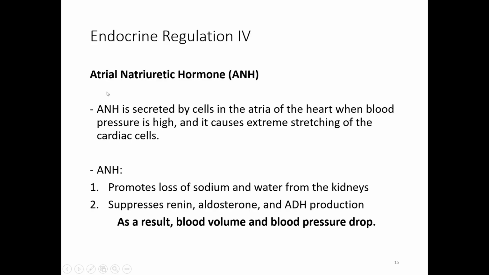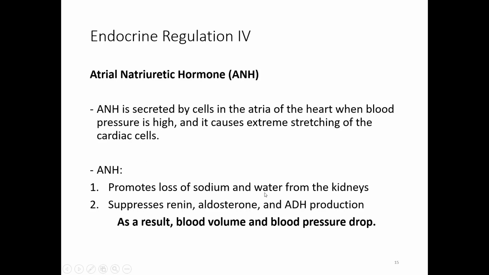Finally, let's talk about ANH, atrial natriuretic hormone. It is produced by the cells of the atria of the heart. When blood pressure is very high, it causes extreme stretching of the heart walls, so stretching of cardiac cells, and in response, they produce ANH.